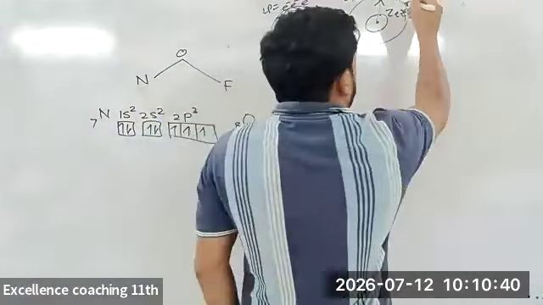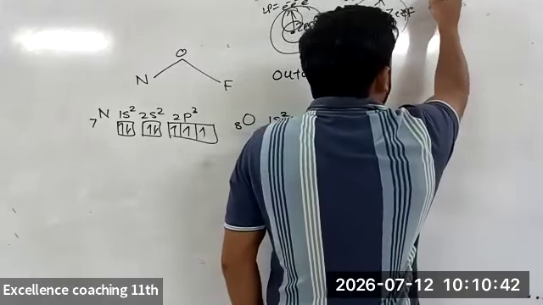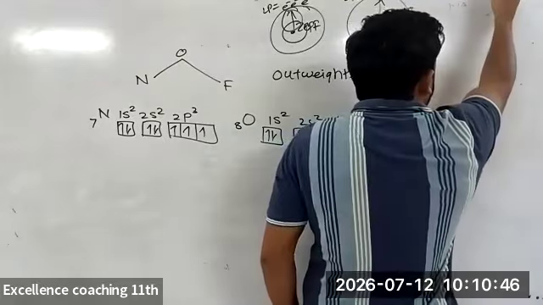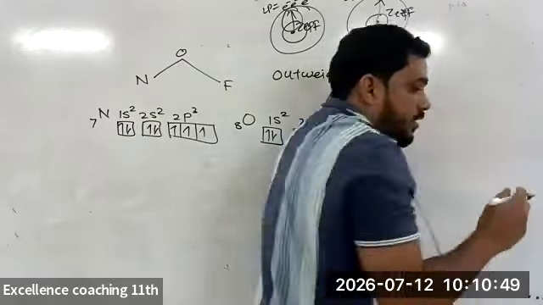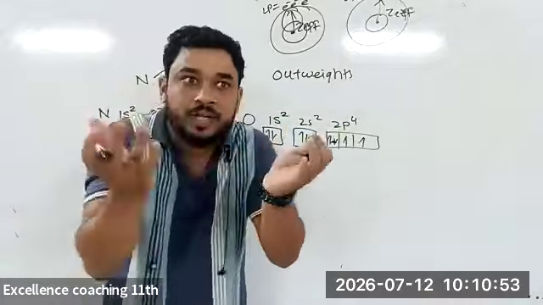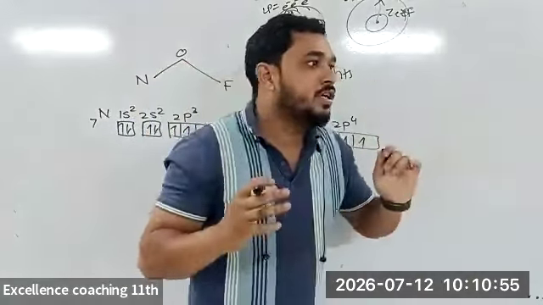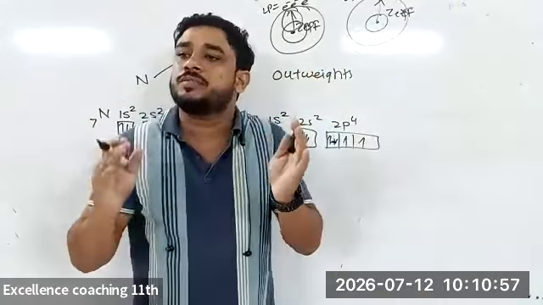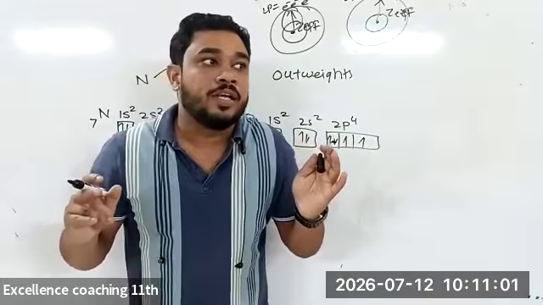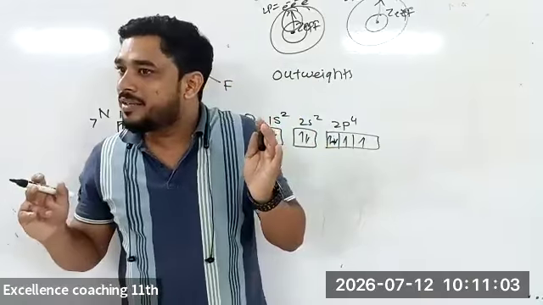But here also Z effective is there, but here what is more? Inter-electronic repulsion is more than Z effective. If inter-electronic repulsion is higher, it outweighs Z effective. Outweigh means cancel. So what will happen to the size of oxygen? Increase or decrease? I. Do you understand the meaning?